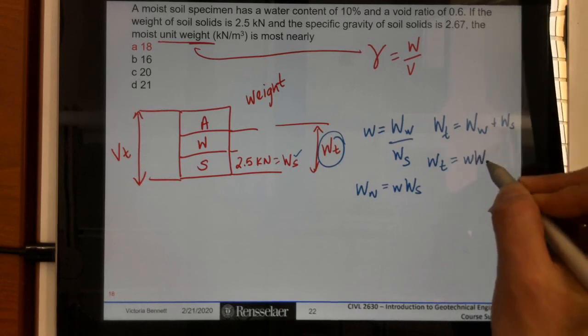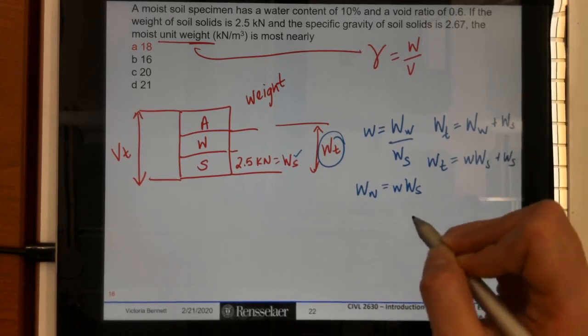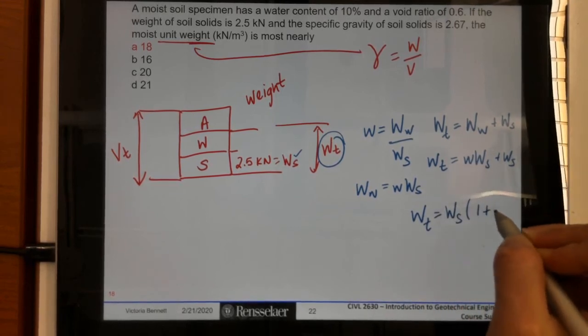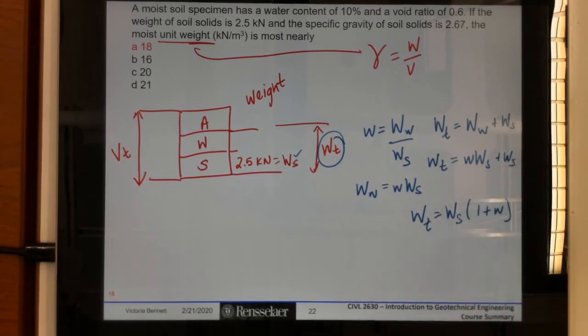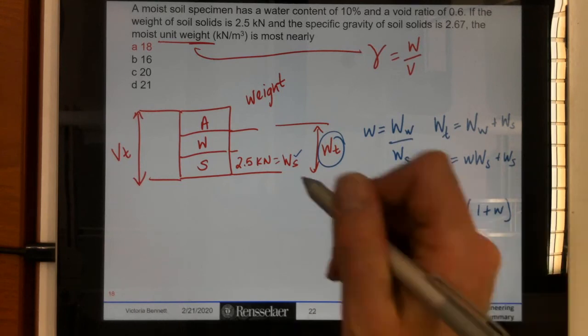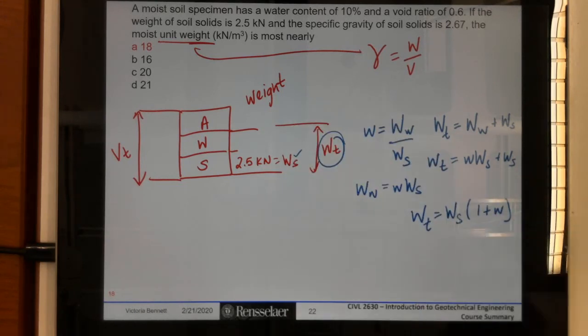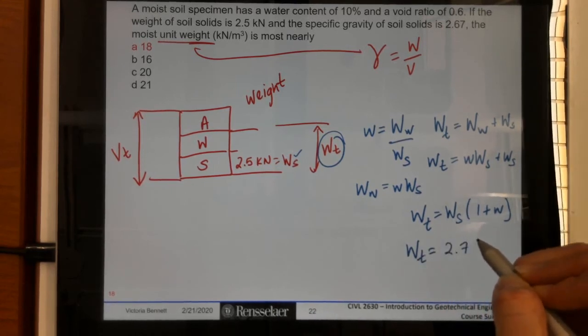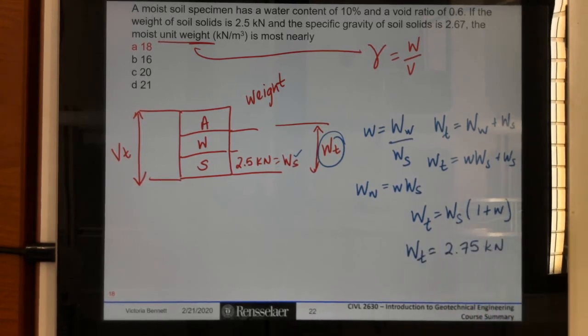Water content times the weight of solids. Weight of solids times 1 plus the water content. So I have given weight of solids, I have the water content, I can find my total weight as 2.7 kilonewtons. Then how do we take advantage of things for the other side?